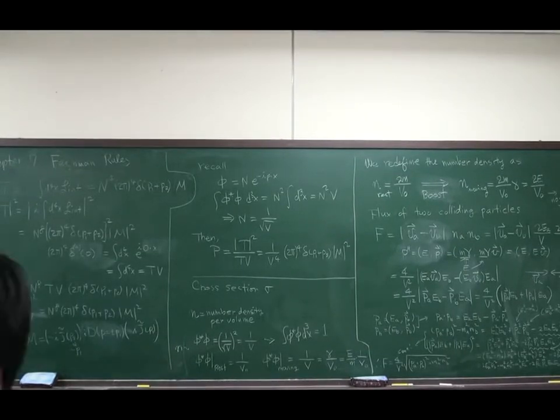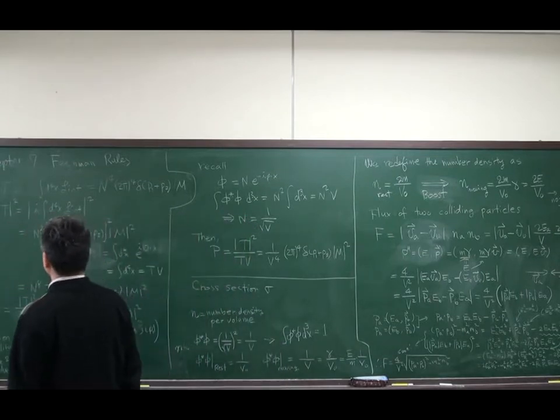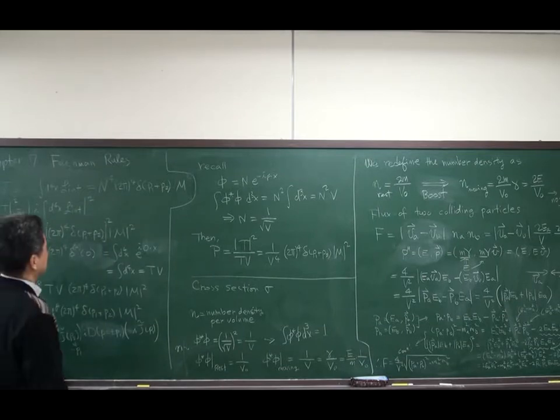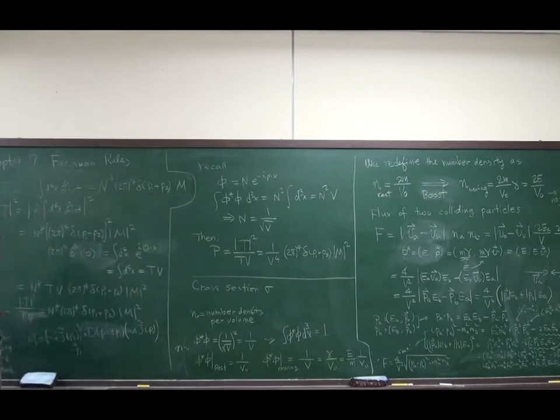Okay, we continue to study Feynman rules. In the previous class we studied the T matrix element, which is i times the four-dimensional integral of the interaction Lagrangian, and we derived Fermi's golden rule.